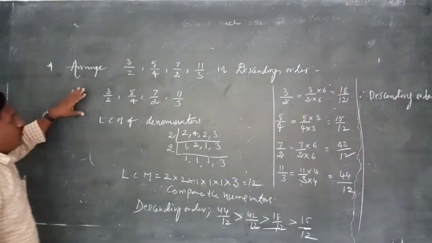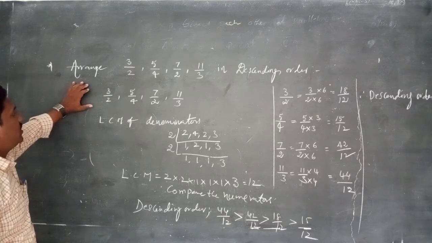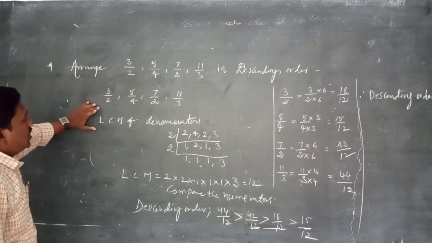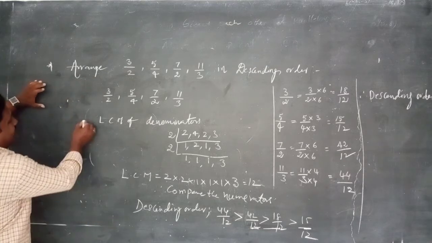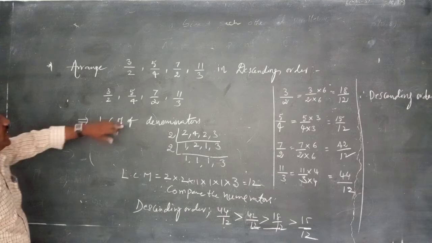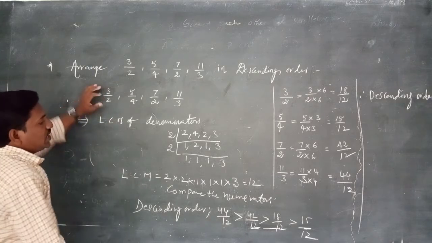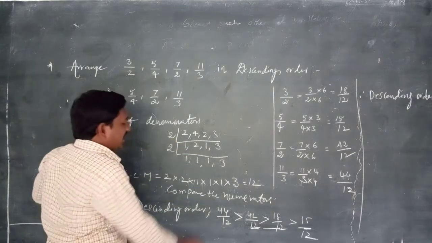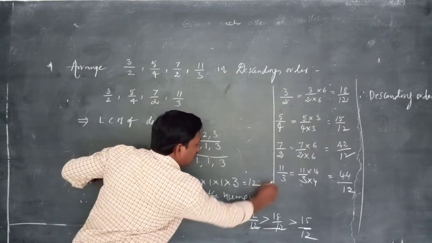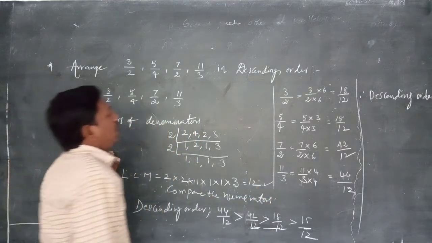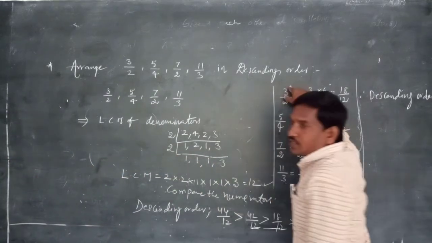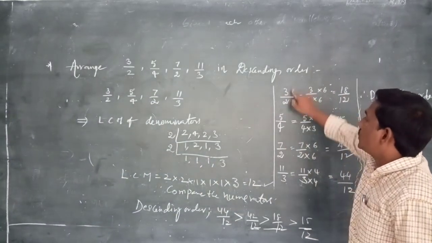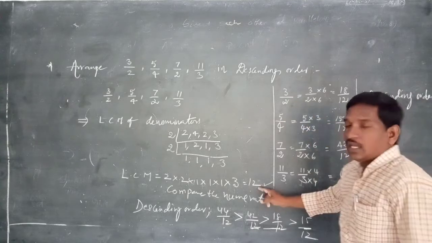So to write the descending order, first of all we have to take the LCM of the denominators. What do we get as the LCM? 12 is the LCM. Every denominator in the fraction should be equal to the LCM.